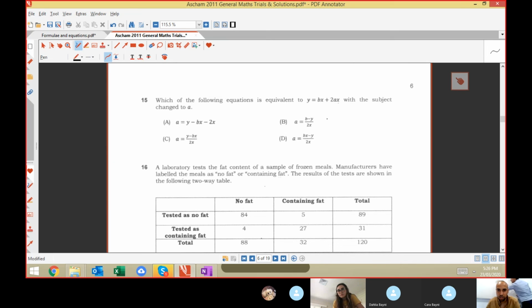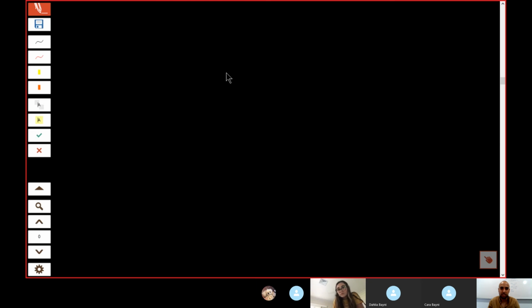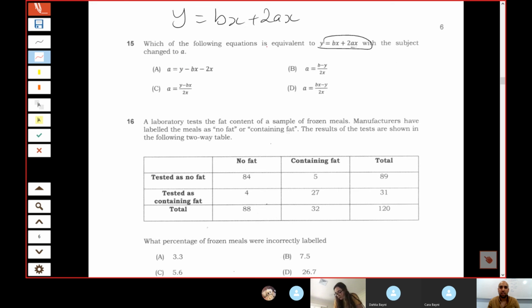Okay, that's a good question. We've got to make A the subject. So we've got y equals bx plus 2ax. I'm just going to make this larger. There we go. To make A the subject, we'll leave everything that's attached to it to the very end.